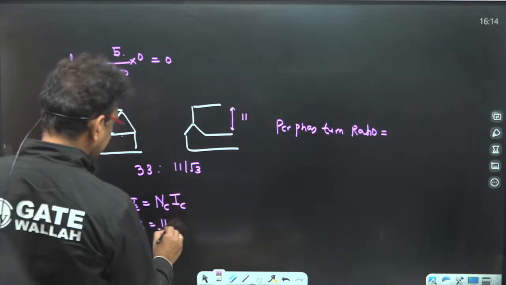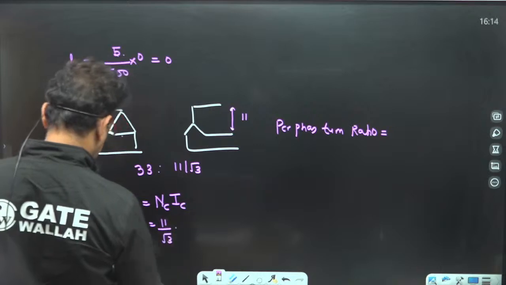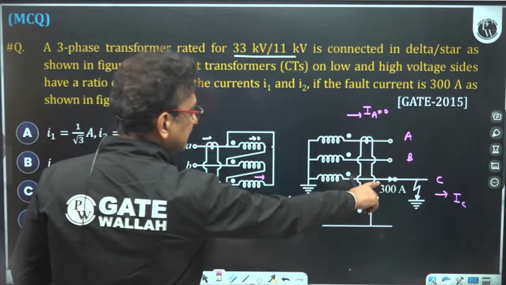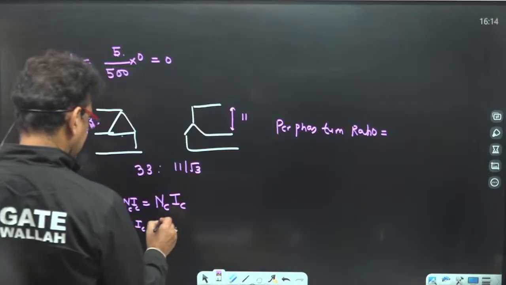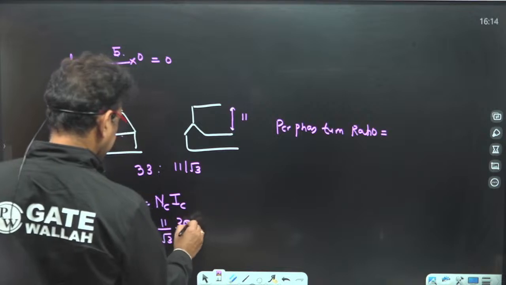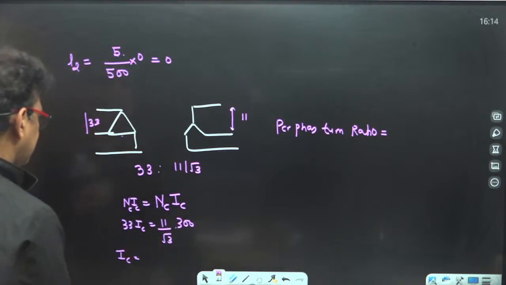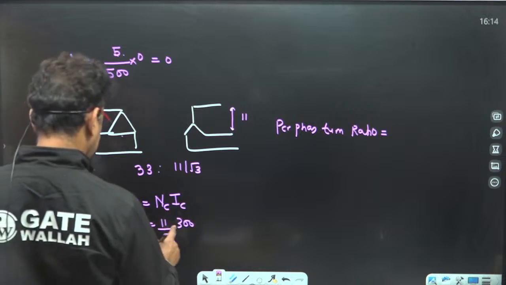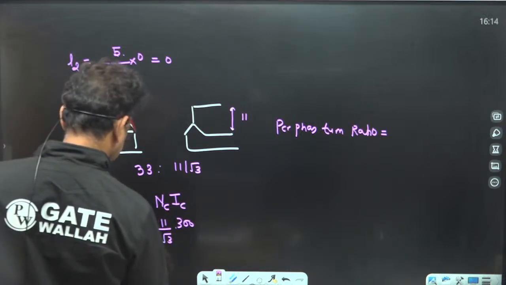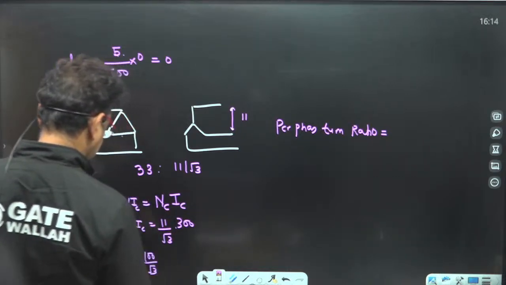Number of turns is 11 by root 3, and here current is flowing 300 ampere. So the value of IC becomes 300 by root 3, which is 100 by root 3. Clear?